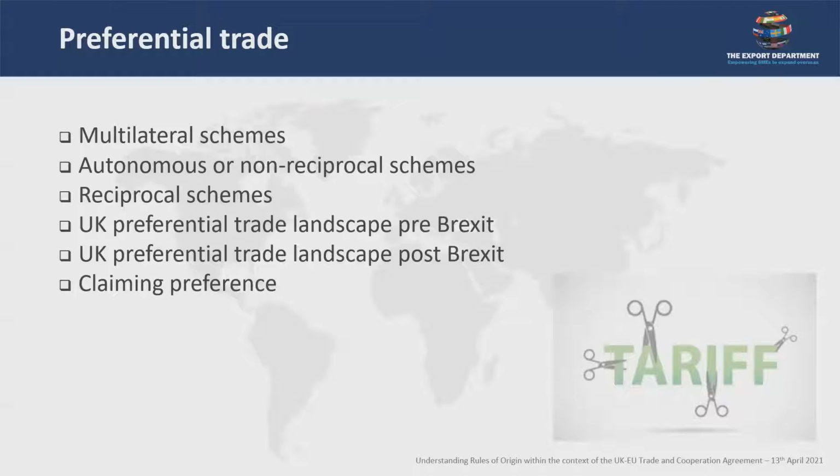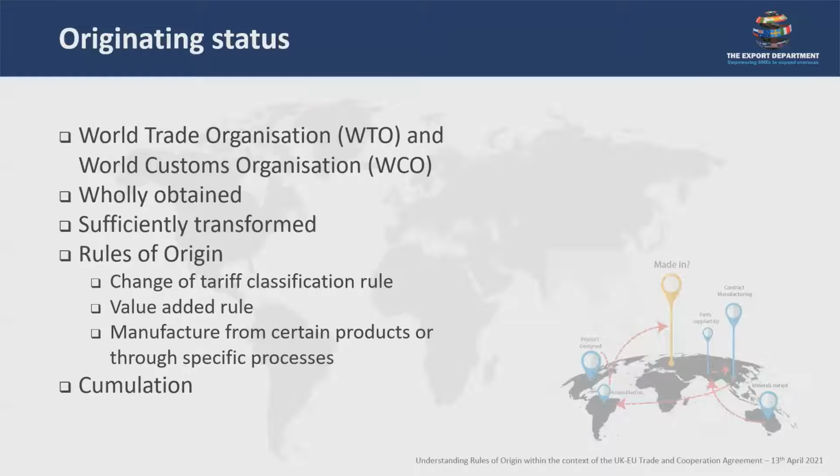So that's kind of like setting the scene in terms of what preferential trade is and the things to look out for. In terms of originating status, that goes back, as I said a couple of slides ago, to the WTO and the World Customs Organization. They were responsible for developing what we call the Harmonization Work Programme.